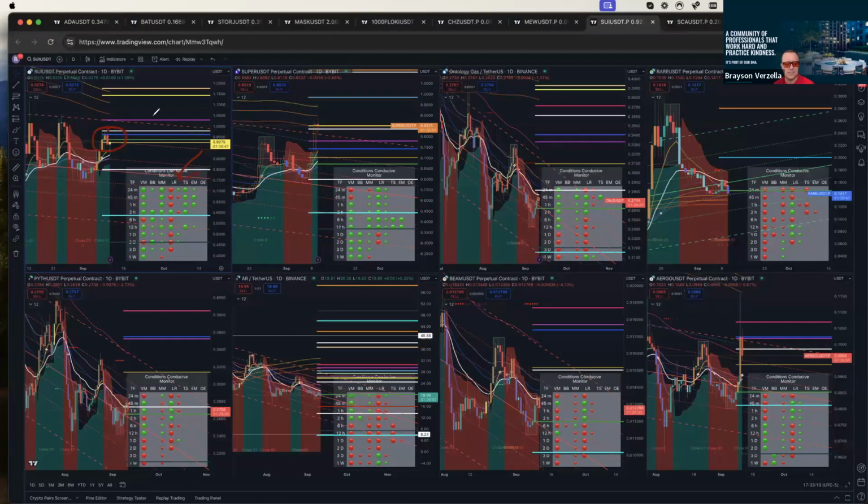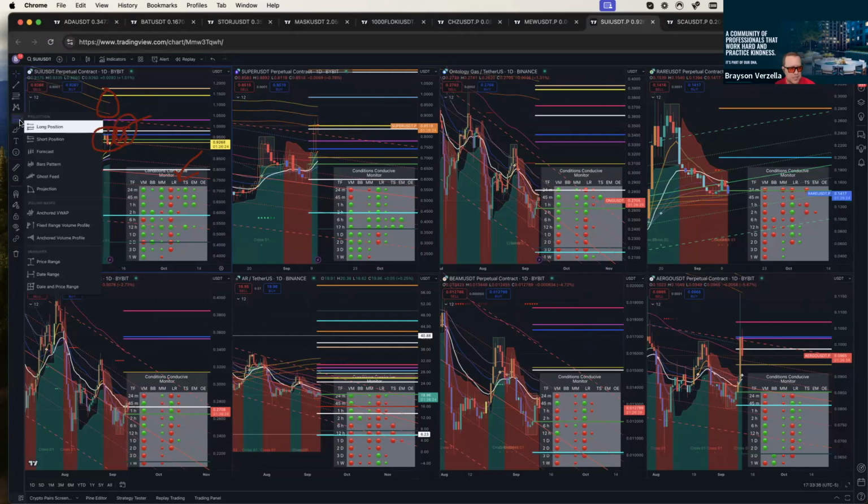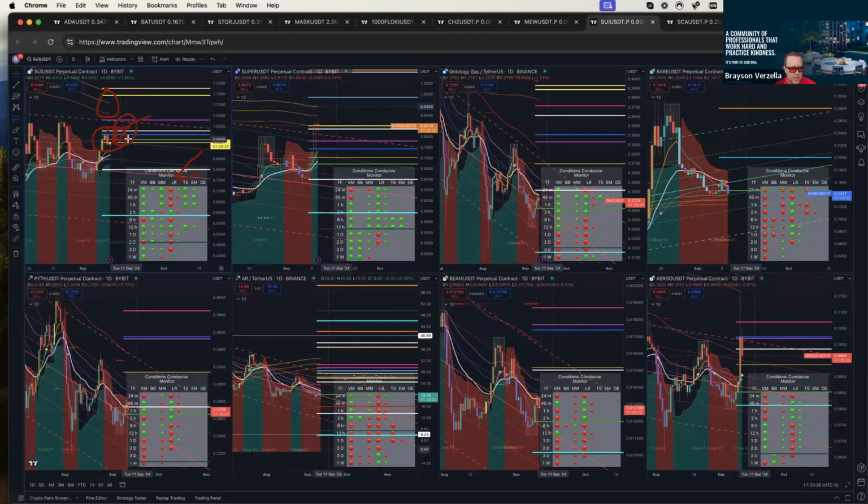Sometimes assets like SUI ignore these lines. They have the most probability of being able to ignore these lines and blow through them. But being that the 200-day moving average is right here in that ribbon, and you have all of these pressure lines right here, if I went and did the math on how smart or dumb that would actually be, I would just kind of check it out, right?